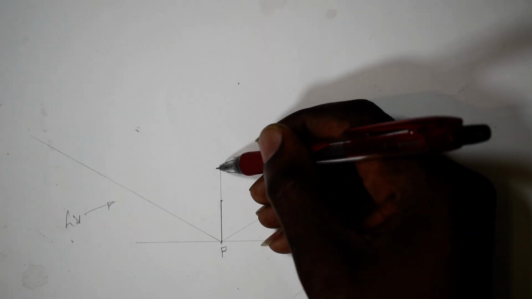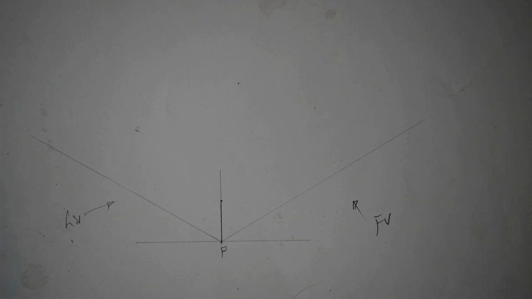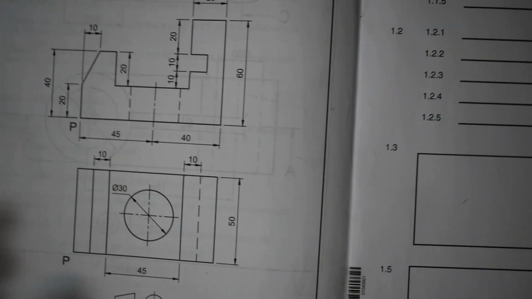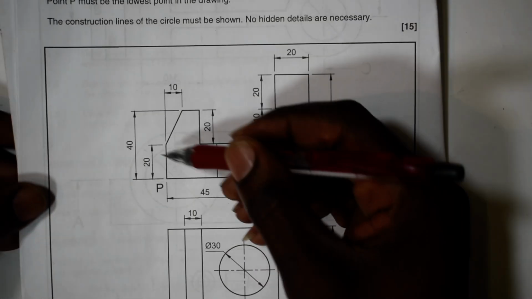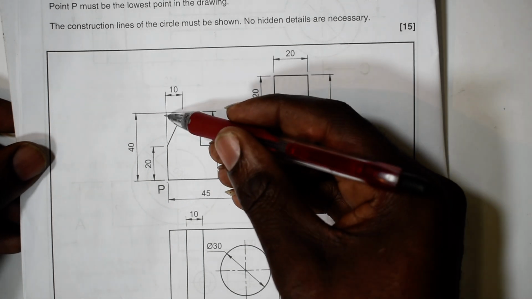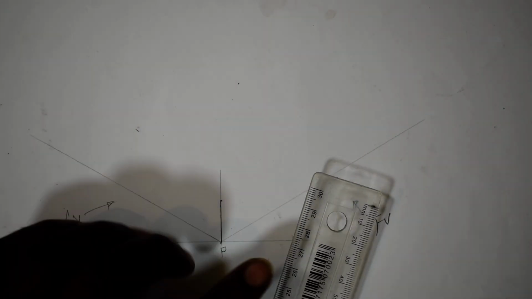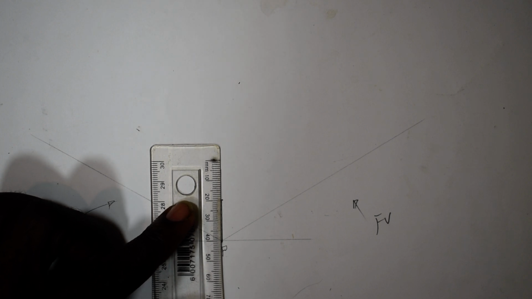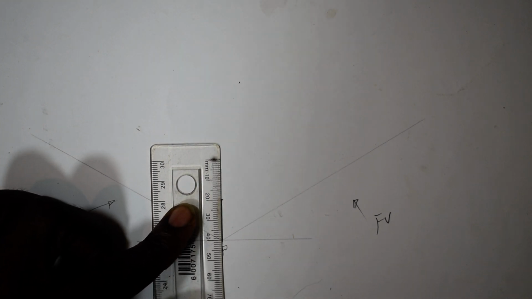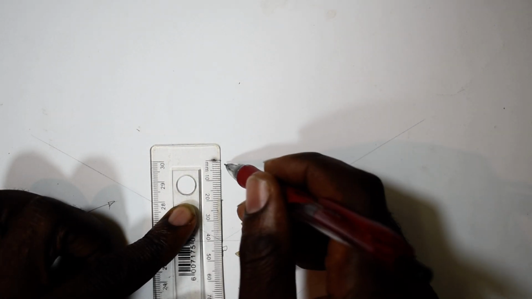I cannot erase this one for now. Where 20 ends, I see 40 from the very same point P going up. I see 40 millimeter. So there is my 40 millimeter.